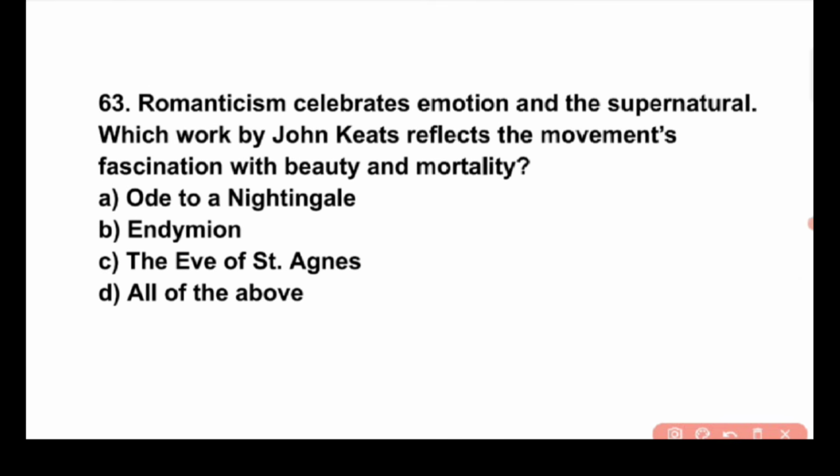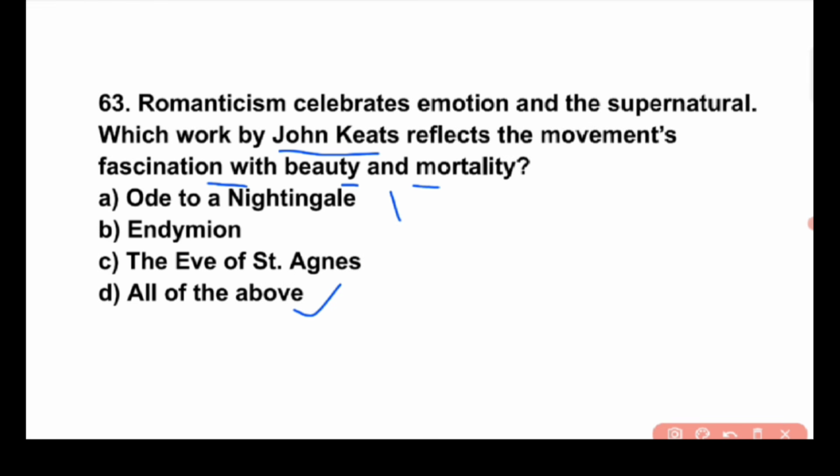Next question. Romanticism celebrates emotion and the supernatural. Which work by John Keats reflects the movement's fascination with beauty and mortality? Answer D, all of the above: Ode to a Nightingale, Endymion, and The Eve of St. Agnes.